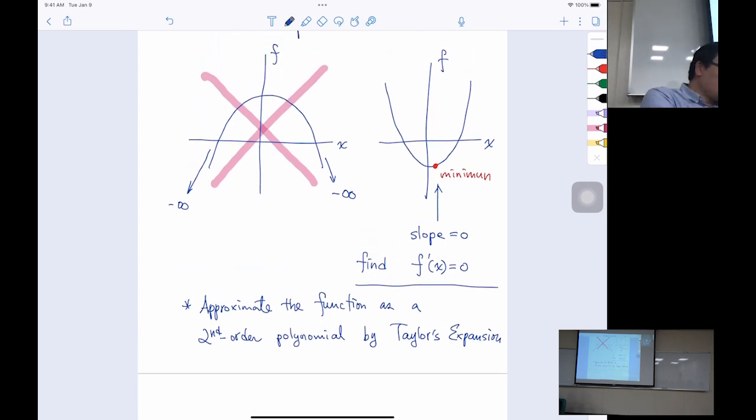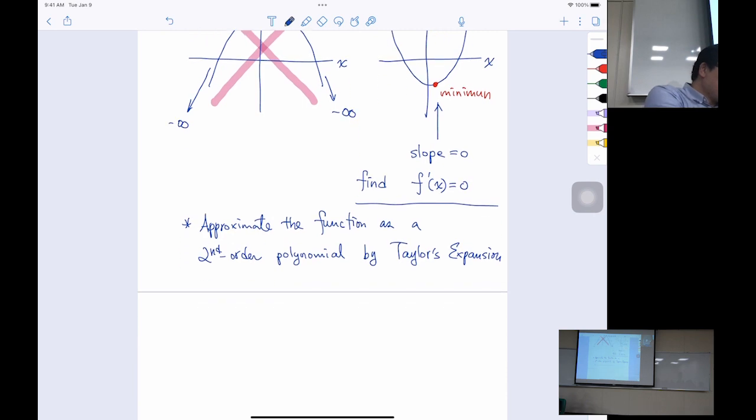Okay, so Taylor expansion of f equals f of x0.